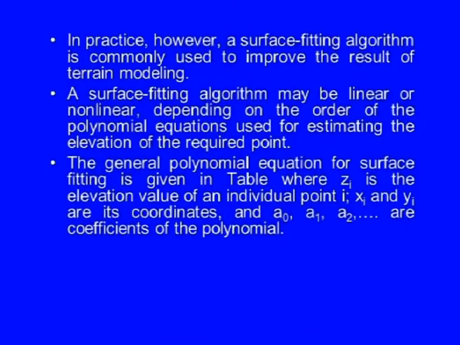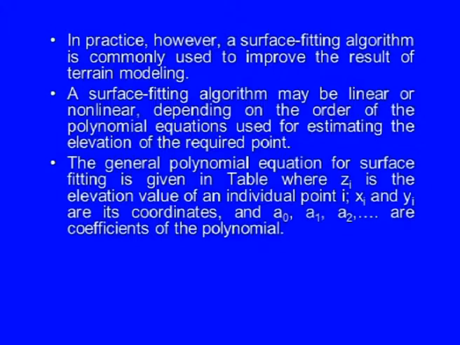In practice, however, a surface fitting algorithm is commonly used to improve the result of the terrain modeling. The surface fitting algorithm may be linear or non-linear depending on the order of the polynomial equations used for estimating the elevation of the required point.